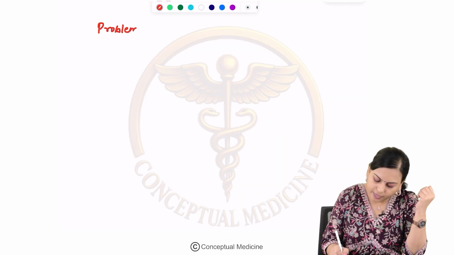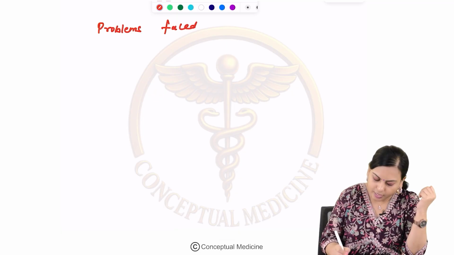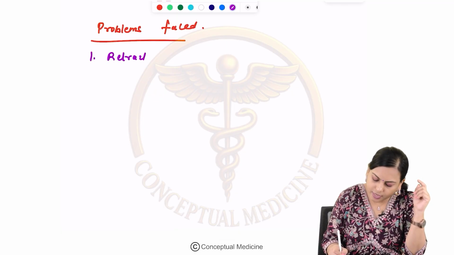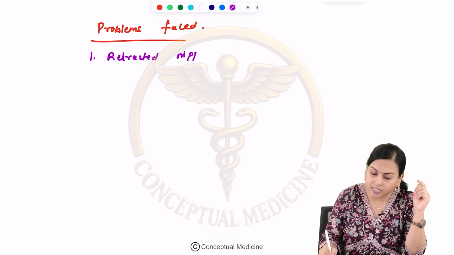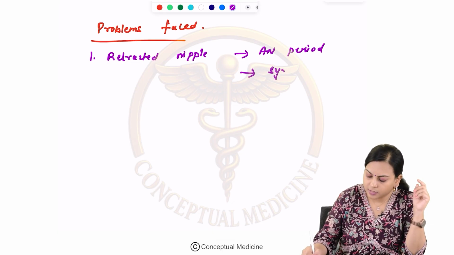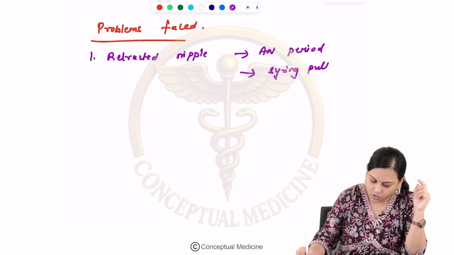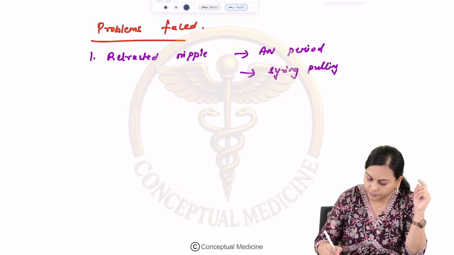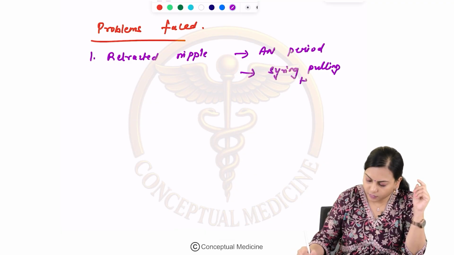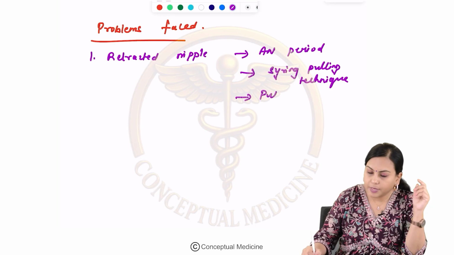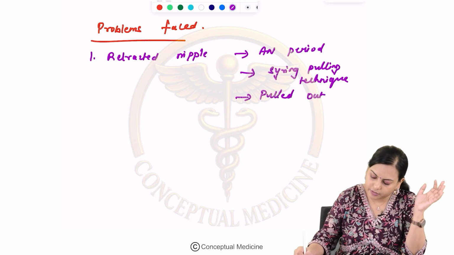Usually, the problems faced by the mother include retracted nipple. See, this should be ideally diagnosed in the antenatal period itself. And you can use a syringe pulling technique or it can be simply pulled out by fingers.